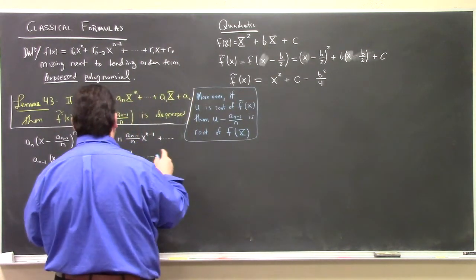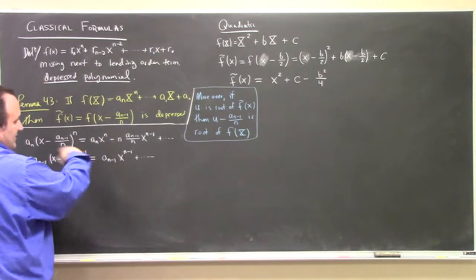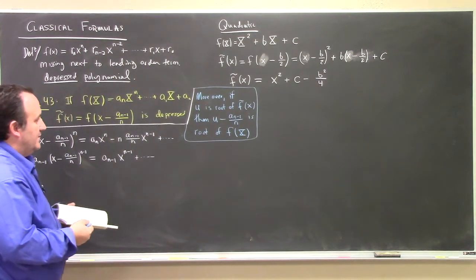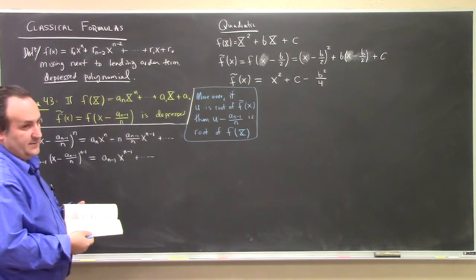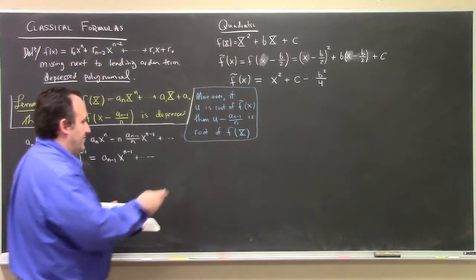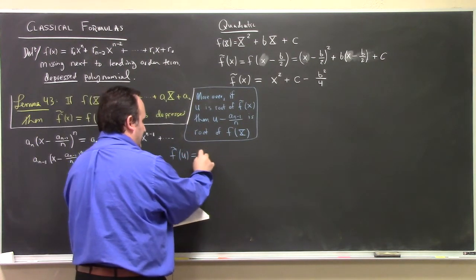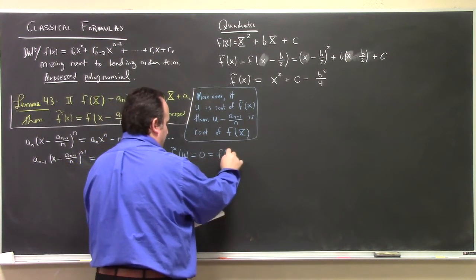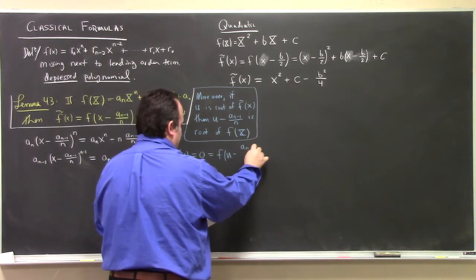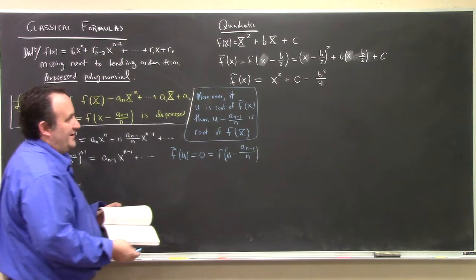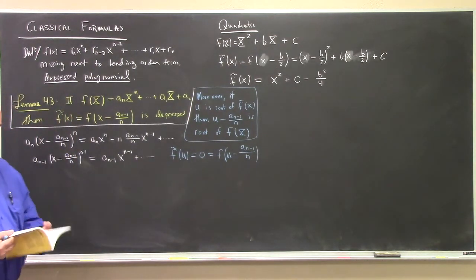I actually don't think he proves this in the book. That's easy to prove. Because if you have f tilde of u equal to 0, well, it's also equal to f of u minus a sub n minus 1 over n by definition. So, yeah.